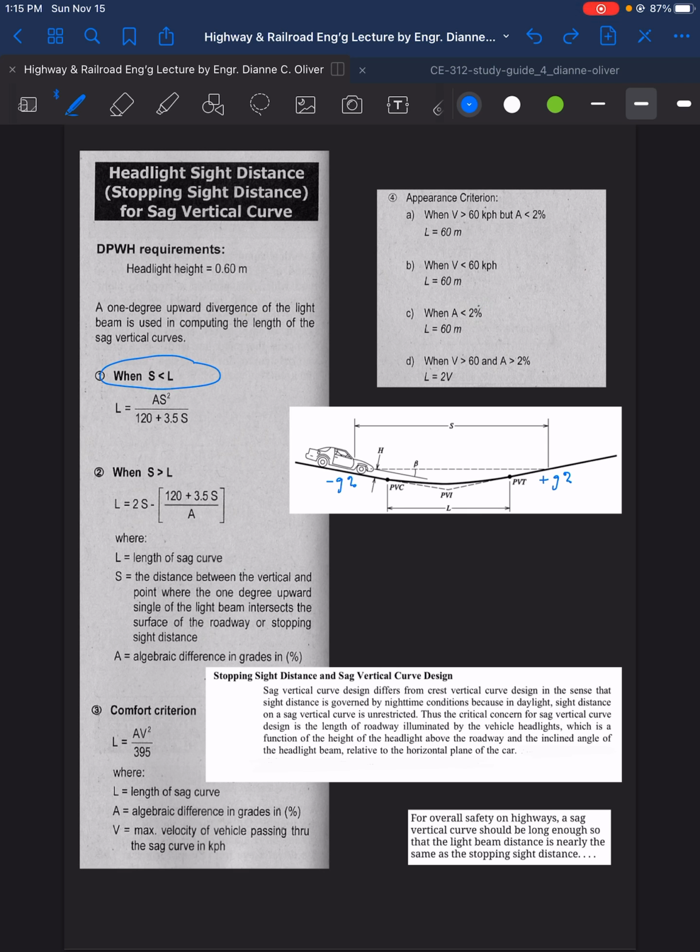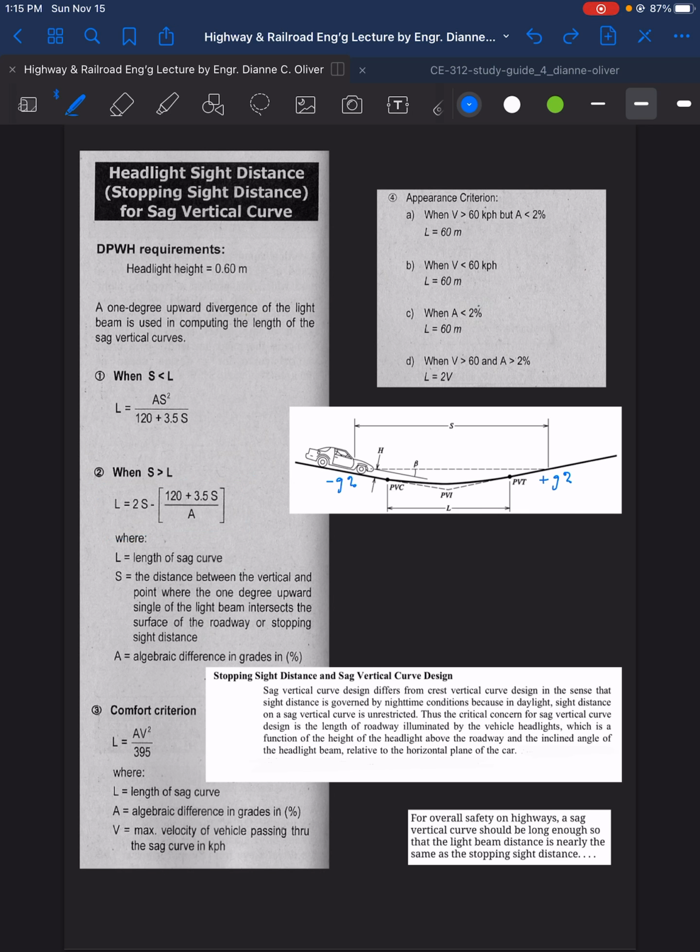When the sight distance is lesser than the length of the sag curve, then we will be using this formula. When the sight distance is greater than the length of the sag curve, then we will be using this formula.